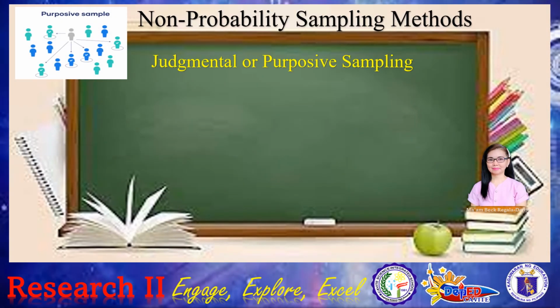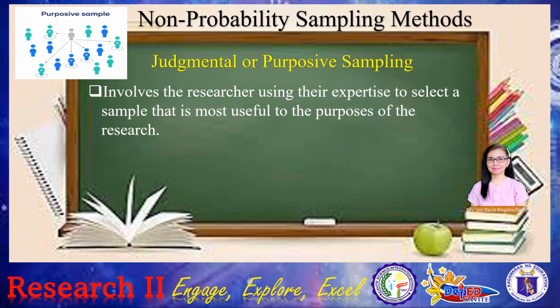We now proceed to the second type of non-probability sampling method, which is the judgmental or purposive sampling. This involves the researcher using their expertise to select a sample that is most useful to the purposes of the research.